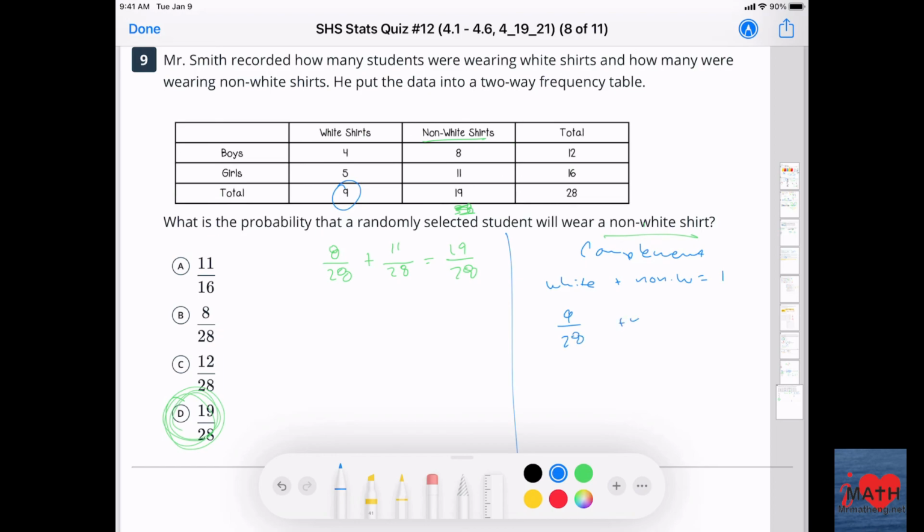And let's just say you want to solve for non-whites. 1 turns into 28 over 28, right? Make this over 1, and then you multiply numerator and denominator by 28. And if you subtract 9 over 28, and if you subtract 28 minus 9, you will get non-whites to equal 19. So 2 ways of figuring out that problem.